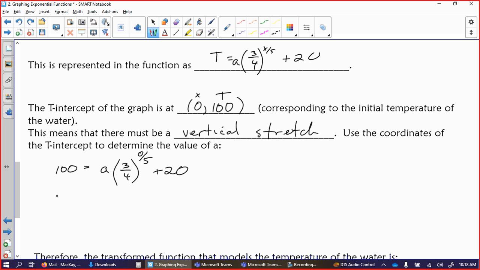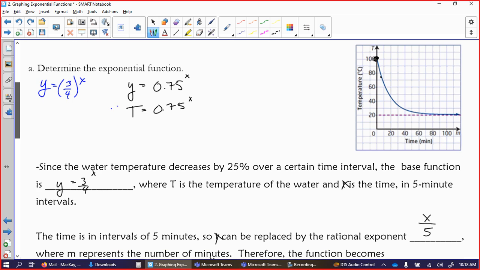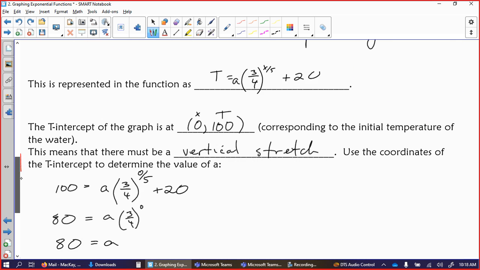Algebraically, I'm going to move that over there. 80 equals a. 0 divided by 5 is 0, and anything to the power of 0 is 1. So our a value is 80. It's not shifted left or right because that doesn't make sense. We have an intercept.